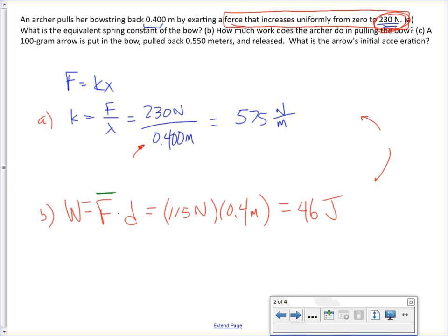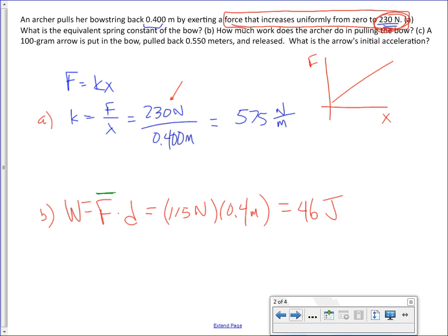To get it stretched that far, that's exactly how much force is required. If you pulled with any less force, you'd have a smaller x. If you pulled any harder, you'd stretch it more than that. So k is a ratio of how hard you have to pull to get it to stretch or compress a certain amount. So don't use the average there, because k is almost really like finding a data point on that graph.